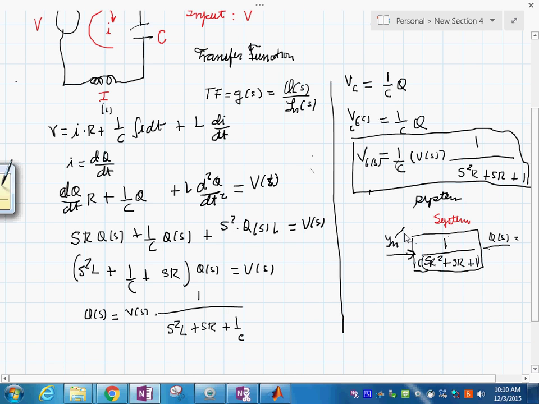If I put something here, I should get something out of here. So what happens if I put a signal like this? What will happen on this side?